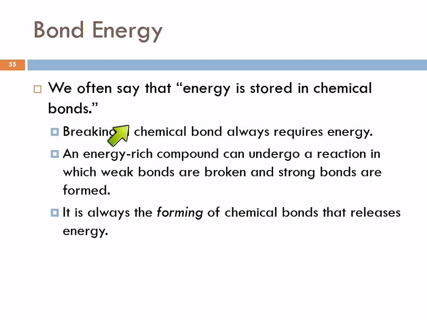But breaking a chemical bond always requires energy. Things like gasoline or TNT, which are energy-rich compounds, undergo reactions in which weak bonds are broken and strong bonds are formed. It's the formation of the strong bond that releases the energy. So the forming of the bond releases energy.